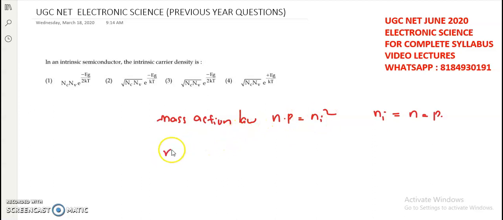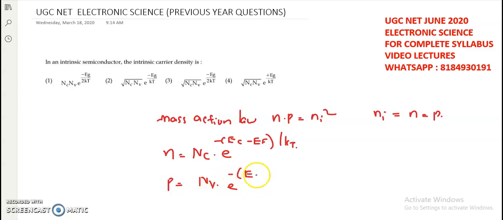The number of electrons in a semiconductor can be given as N = Nc into e power minus of (Ec minus Ef) divided by Kt. And the number of holes, that is P, can be given as Nv into e power minus of (Ef minus Ev) divided by Kt. Right? So now we have to do N into P, which means we multiply both of these.